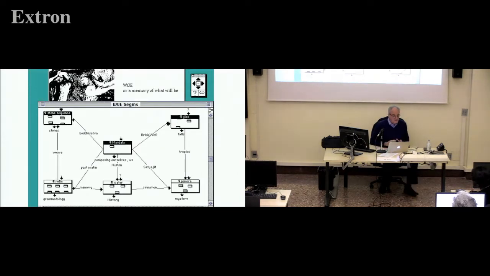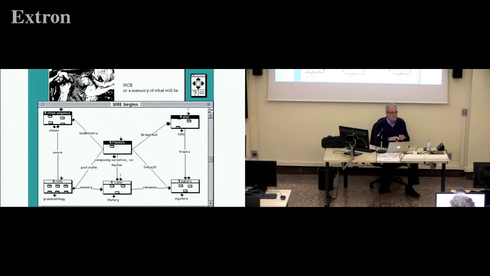Here, for instance, this is not by Michael Joyce, but is another work, by an author I forgot. And here you see how the writing environment was hypertext. I started my apprenticeship in hypertext using this software. It looks like boxes.